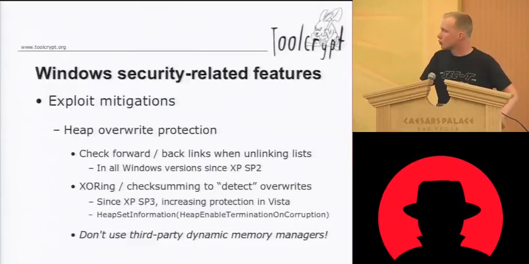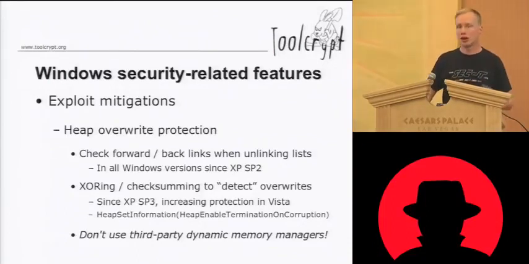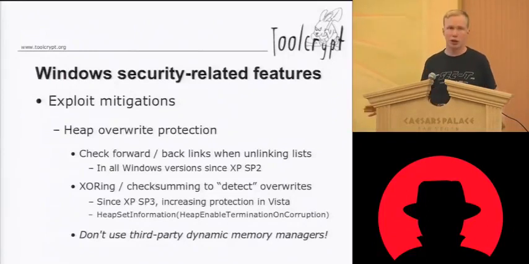You can enable these protections so that when heap corruption is detected by these exploit mitigations, your process will die instead of being taken over by an attacker, which is infinitely more preferable to us security people. So there's something you need to be aware of as a developer, that each process needs to, in its initialization routines, call this API call to enable these protections.